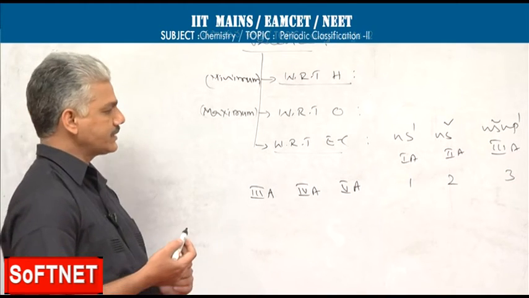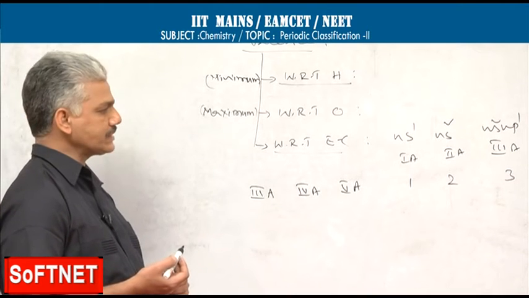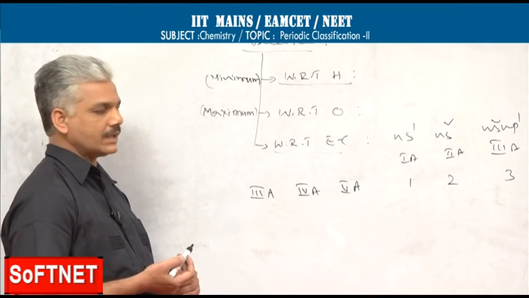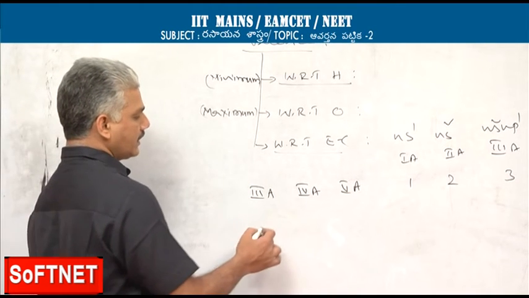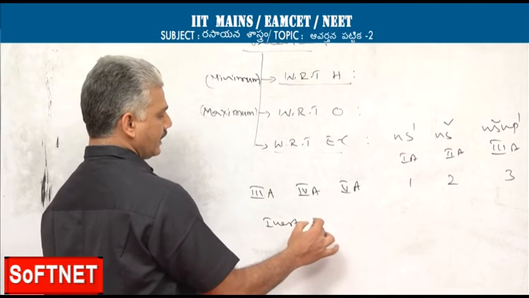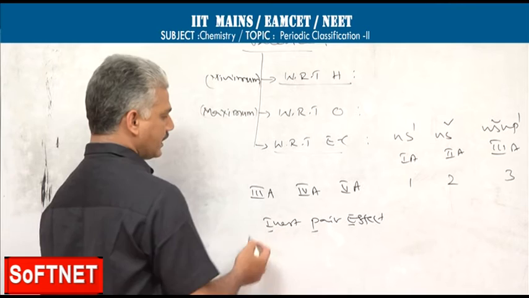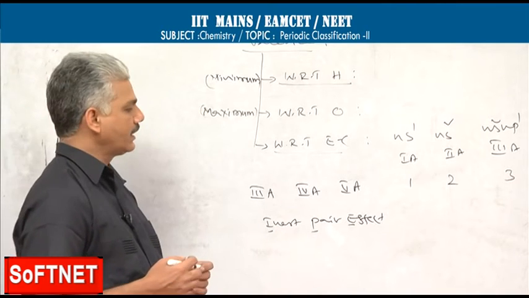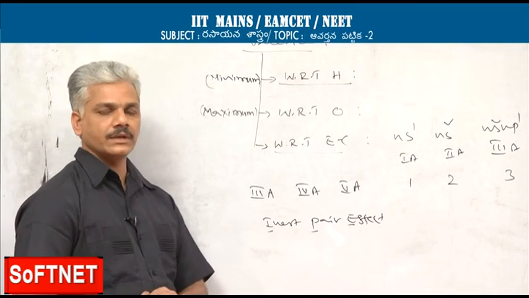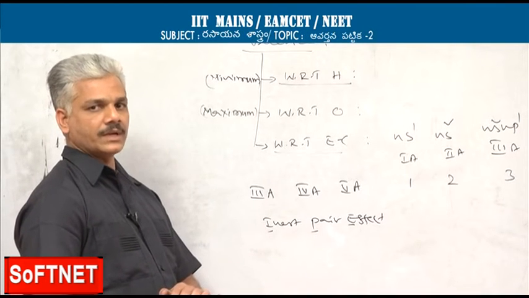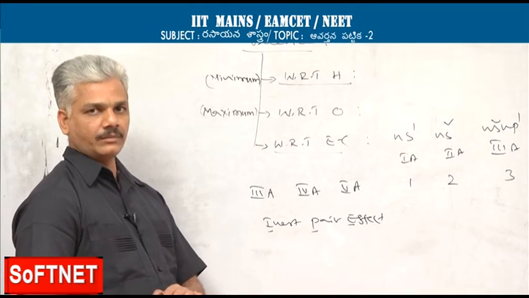In these three groups, as we move from top to bottom, the bottom element shows valency 2 units less compared to the previous elements. The phenomenon involved is called the inert pair effect, in short IPE. Inert pair effect is defined as the reluctance of outermost s electrons to participate in bond formation with the increase in atomic number.